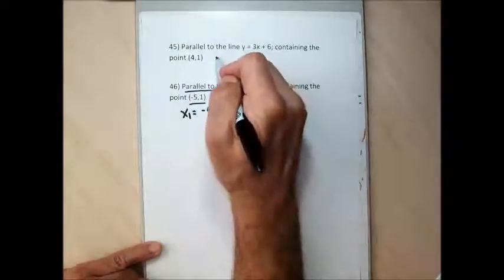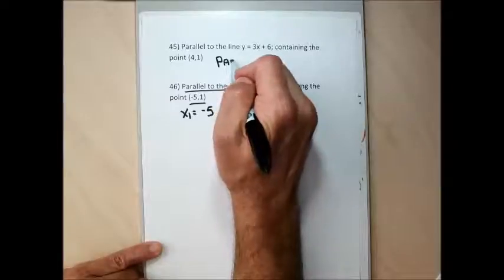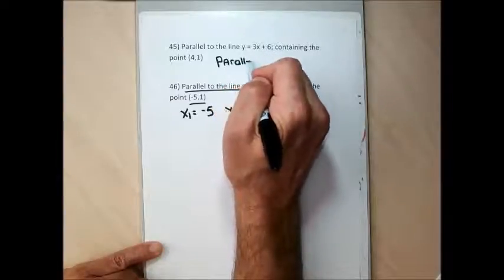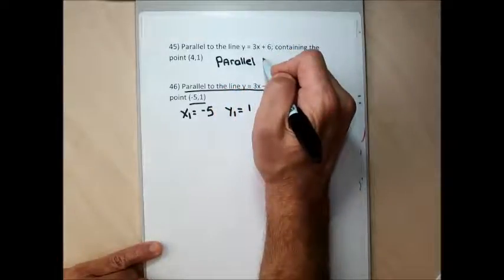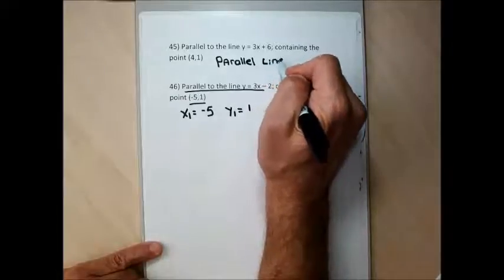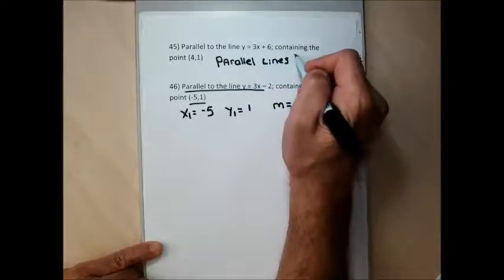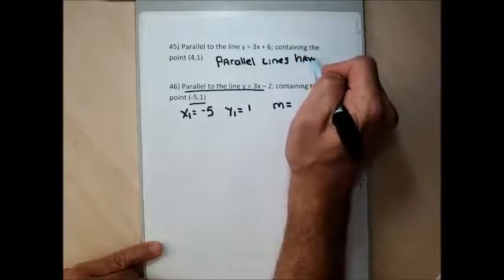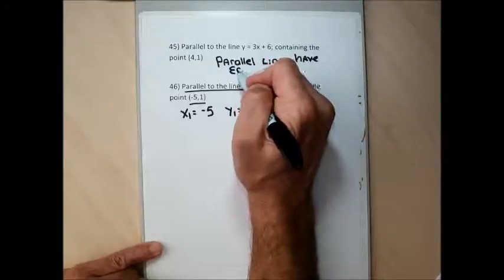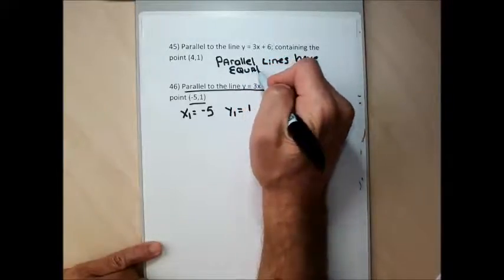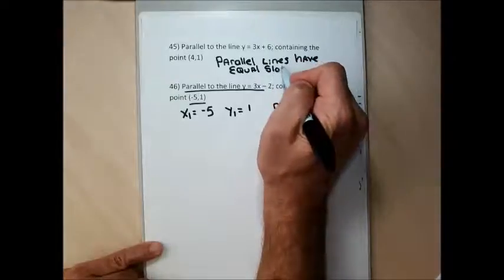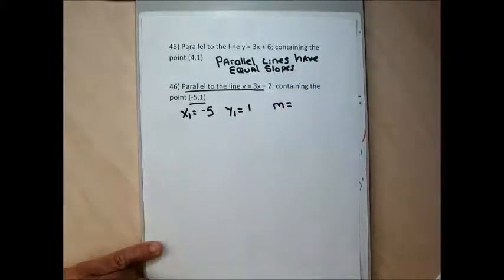And lines that are parallel have equal slopes. That little bit of information is supposed to help me figure out the m. So even though it didn't tell me the slope of the line explicitly, it kind of hinted at it.